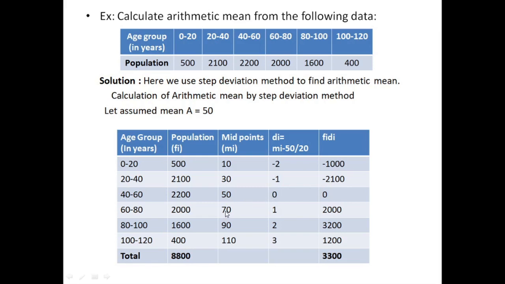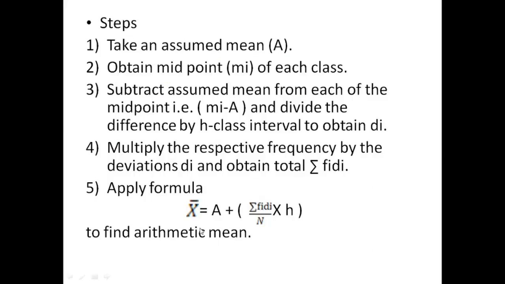Next, mi is 70. 70 minus 50 is equal to 20. 20 divided by 20 is 1. Next, mi is 90. 90 minus 50 is 40. 40 divided by 20 is 2. Next is 110 minus 50 divided by 20, which is equal to 3.